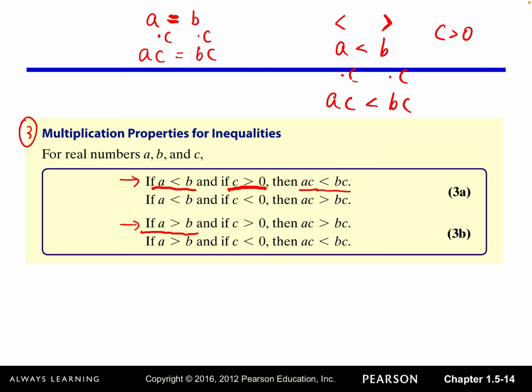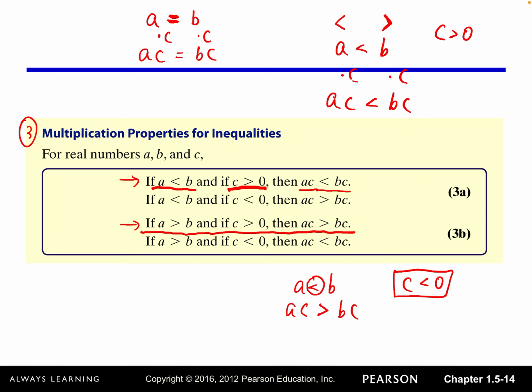The same applies to the greater than case. But what if C is a negative number, and both sides of the inequality are multiplied by a negative number? Will AC still be less than BC? The answer is no. You need to flip the direction of the inequality symbol when you multiply both sides by a negative number.